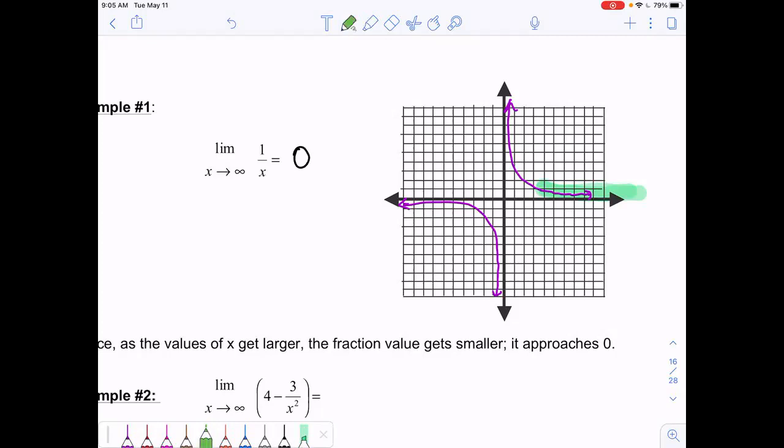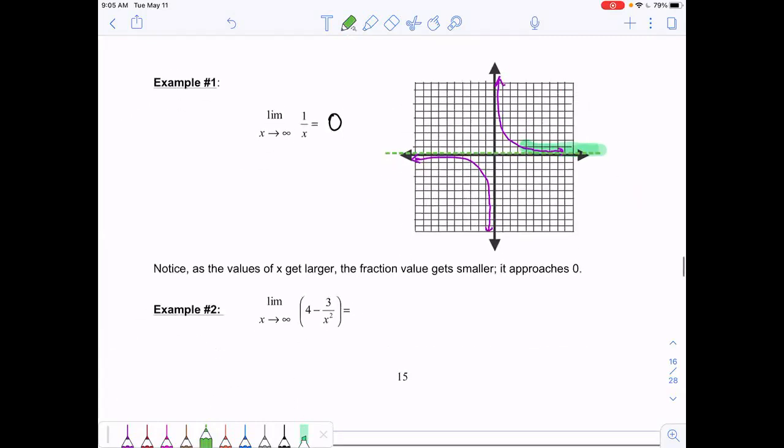And that is because there is a horizontal asymptote at y equals 0. My y values will continue to get closer and closer to 0 because 1 divided by a big number makes a really small number. 1 divided by 100, 1 divided by 1,000. My numbers just get closer and closer to 0. So that would be the limit.